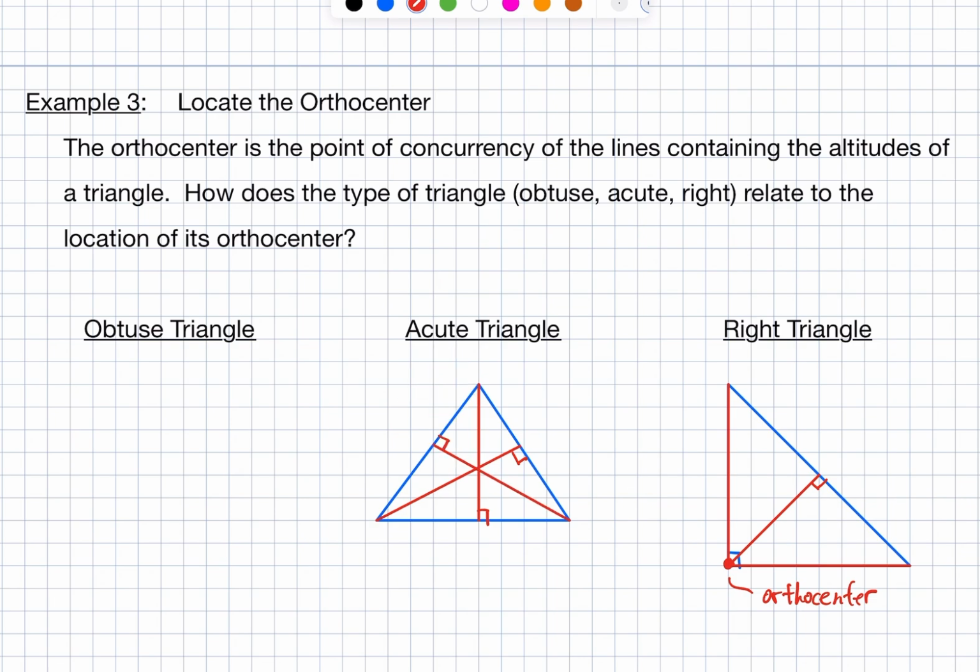Okay, so here is the orthocenter, and what we notice is that with an acute triangle, the orthocenter is inside the triangle.